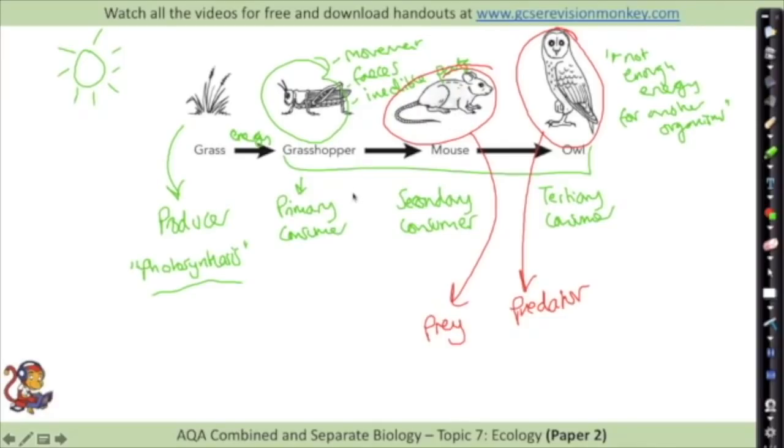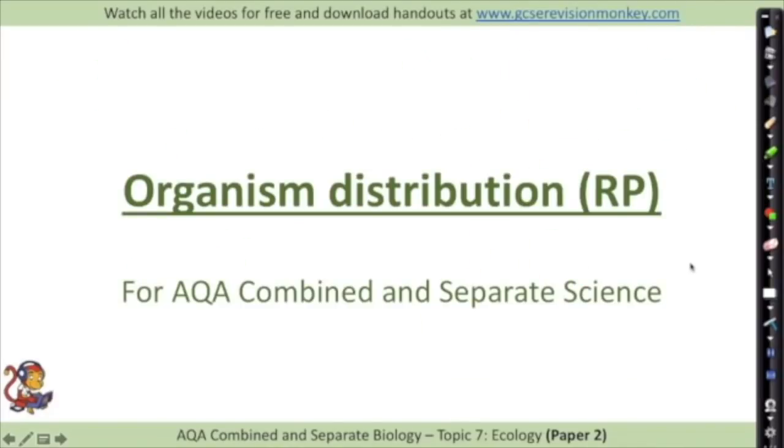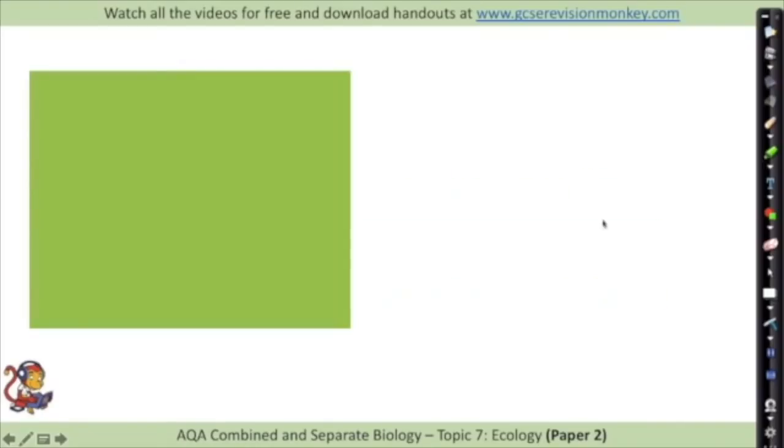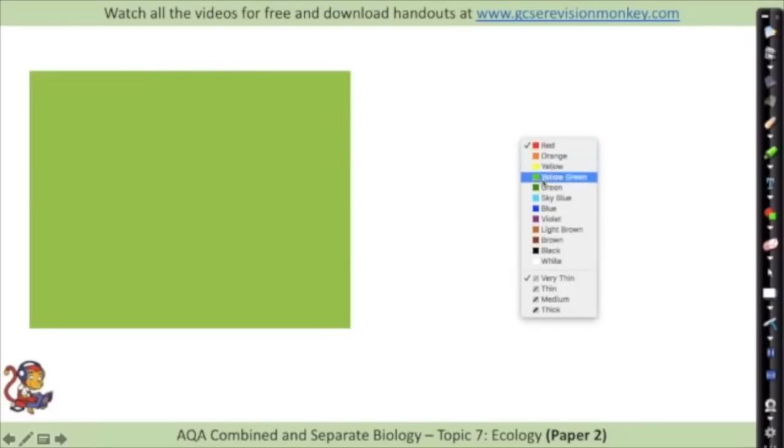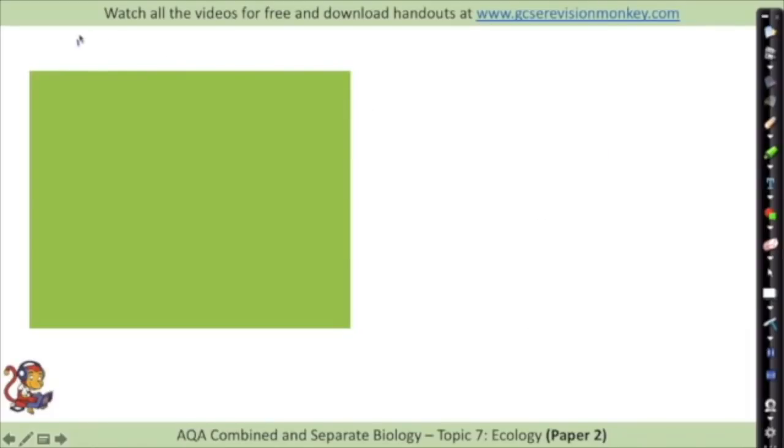Next, we're going to look at a required practical for paper 2, which is all about how organisms are distributed. And this required practical is all about the idea of random sampling of a population.